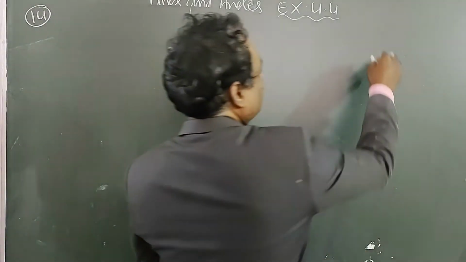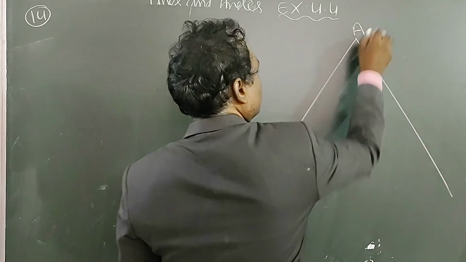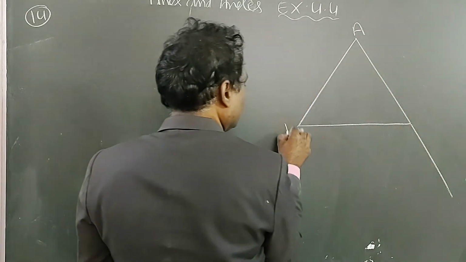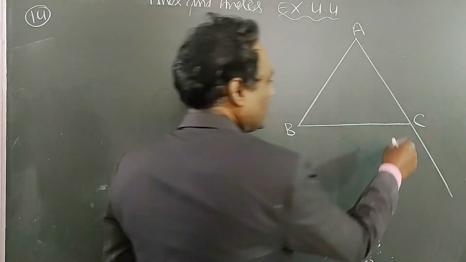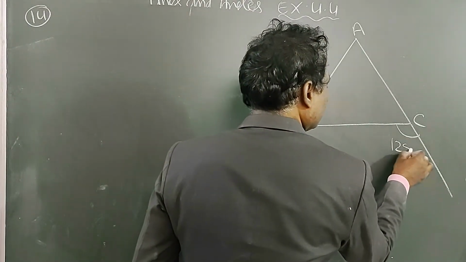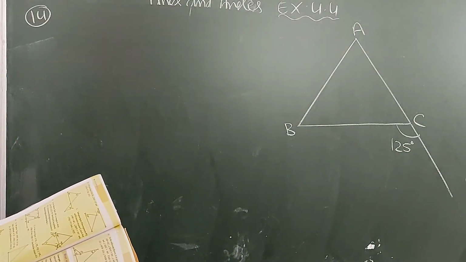See here. ABC is a triangle. This is 125. That's all.